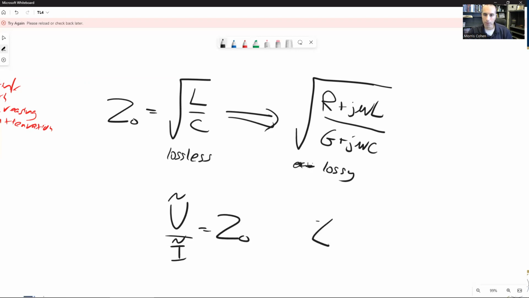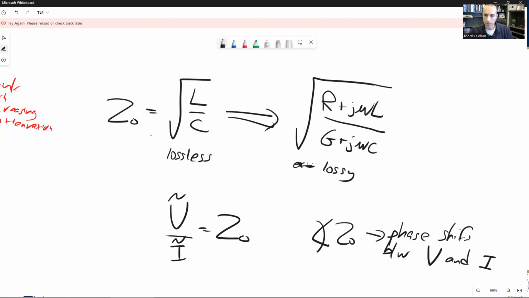The angle of Z0 will be the phase shift between voltage and current. Just to add a little more detail here, a positive phase of Z0 implies the voltage is ahead in phase.